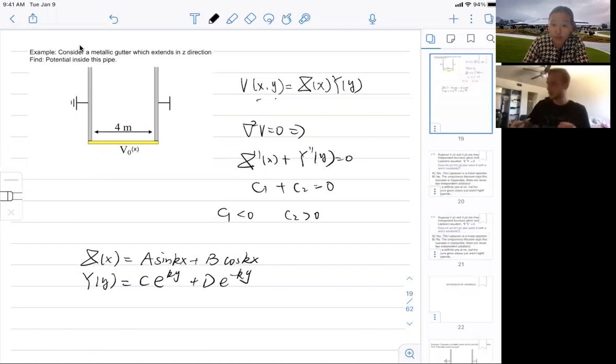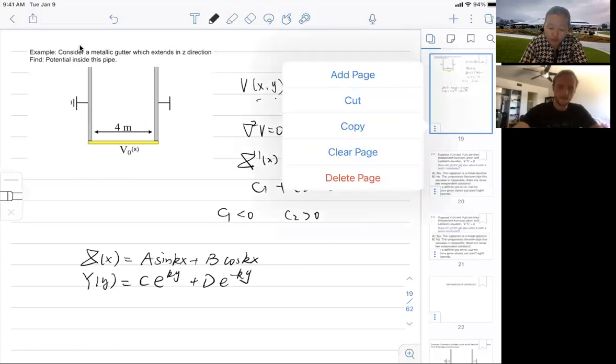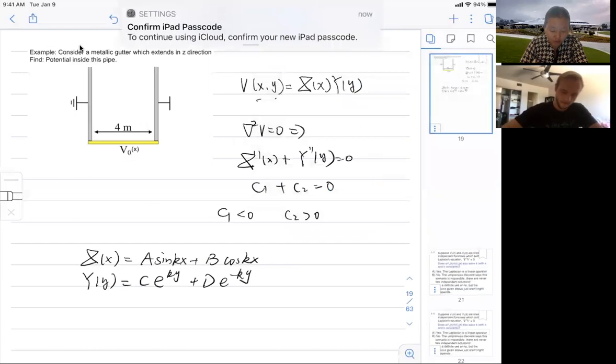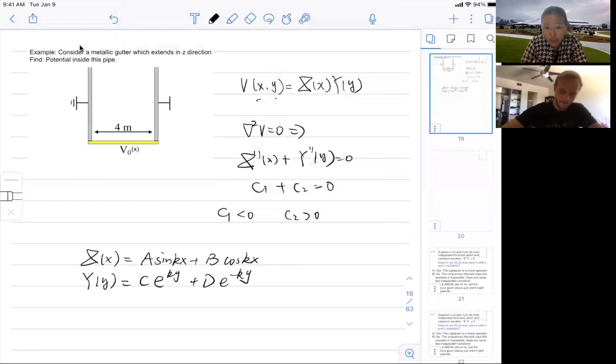But we're not done, right? We still need to continue solving for the final solution and figure out all these constants. So what we need to do is apply the boundary conditions. Applying the boundary conditions here is very similar to applying initial conditions.